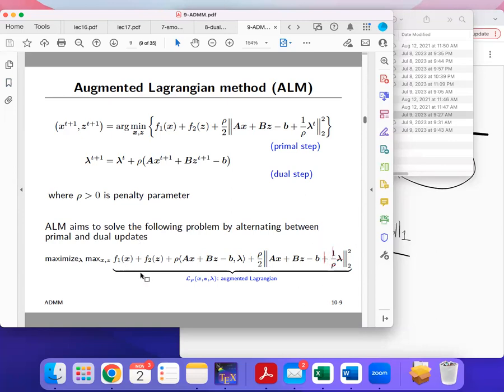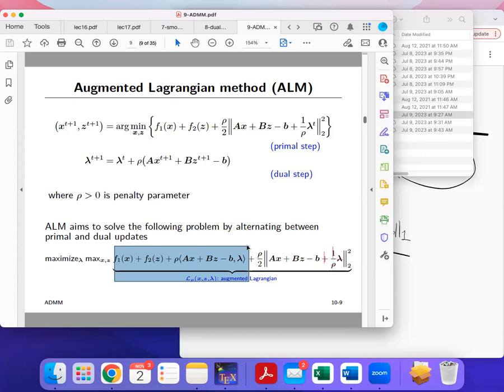So look at this entire function. The first three terms are the Lagrangian function, because it's the objective function F1 plus F2 plus the inner product term of the Lagrangian multiplier with this linear coupling constraint.